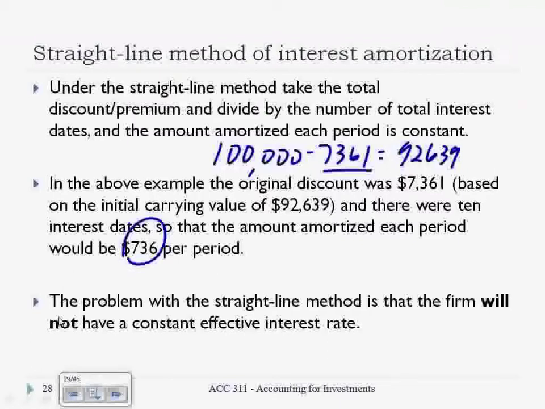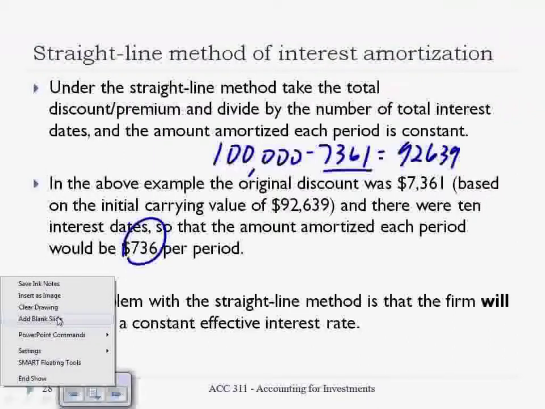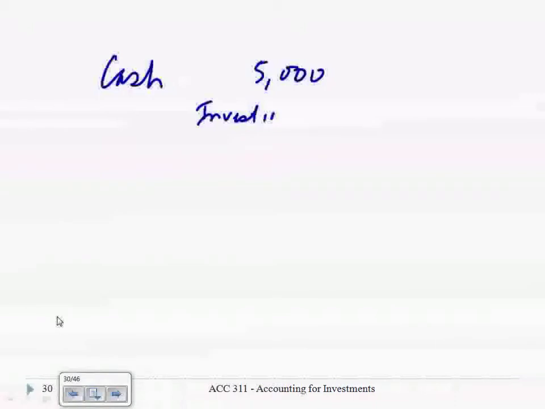Now, when I look at that journal entry, the nice thing about it is that cash is going to be $5,000, and my amortization is going to be $736 per period. So investment in bonds. Oops, I'm sorry. Remember, this one was the discount, so I'm going to be increasing at each period.